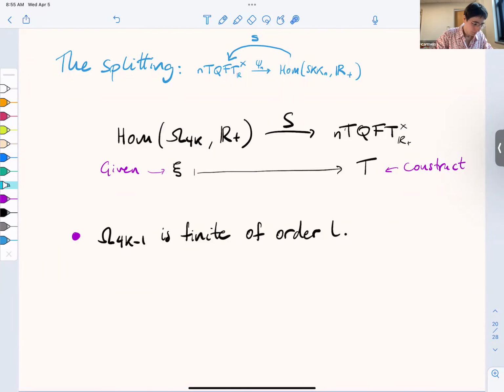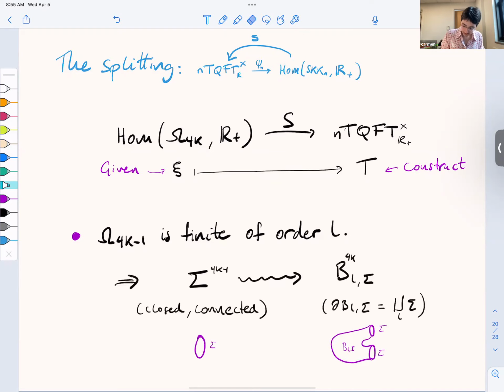Since this group is finite, that means that if I take, in the worst case scenario, a generator, something with a manifold in here, which is 4k minus 1 dimensional and closed connected, suppose it could be a generator, it could also have been a boundary. In that case, it's no problem.